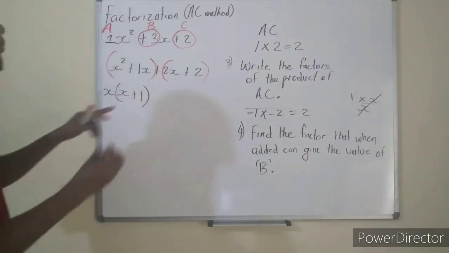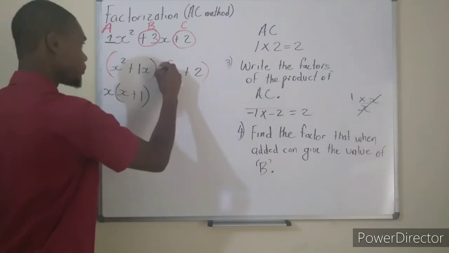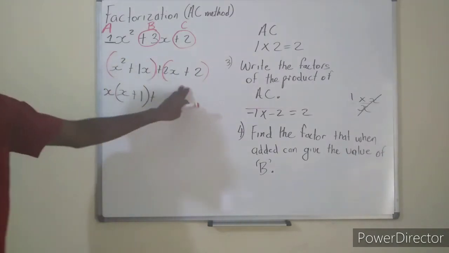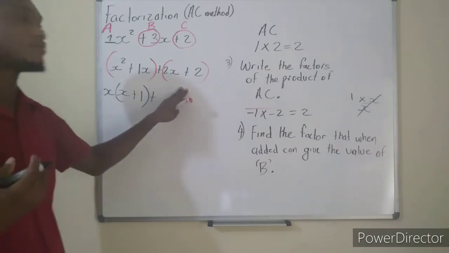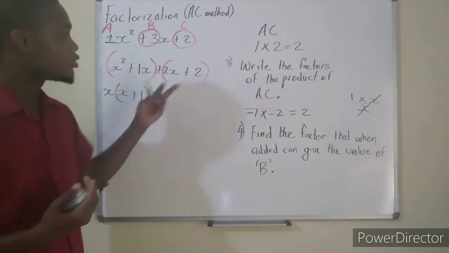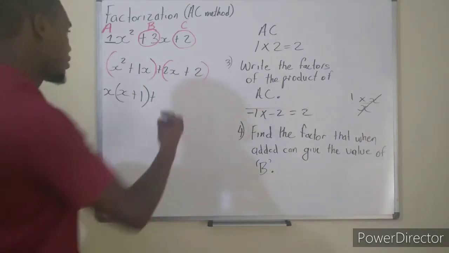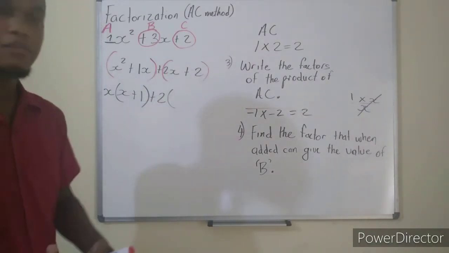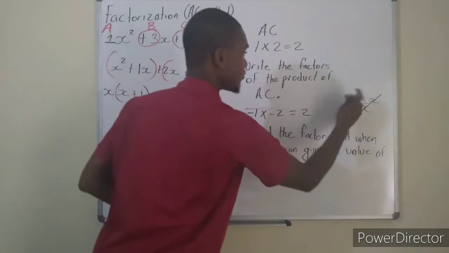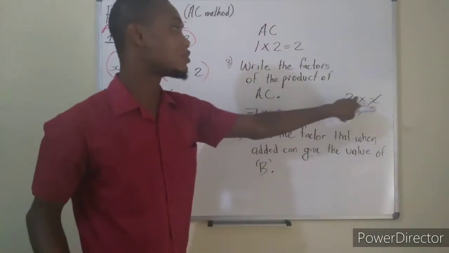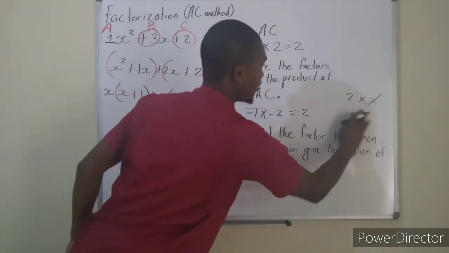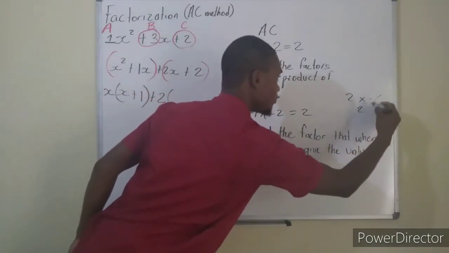Now the sign here is a plus sign. So let me write it perfectly. Plus sign, so you put it back. Now you look at your second pair. What is similar? 2x and 2. So 2 is similar, so you put your 2 on the outside. 2x divided by 2: this is 2 times x, divided by the number 2.